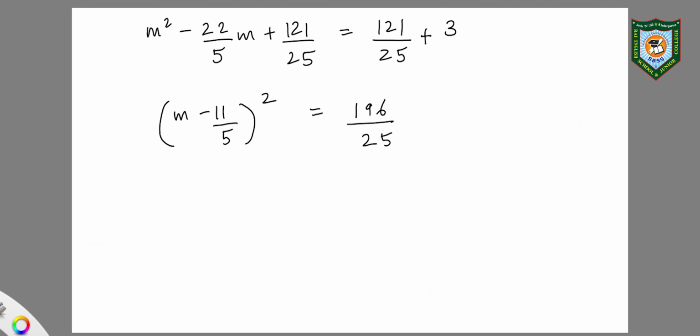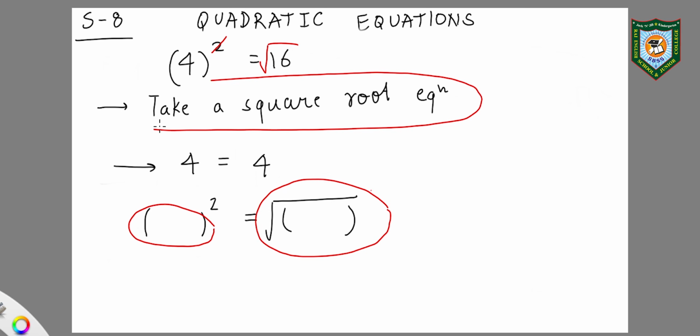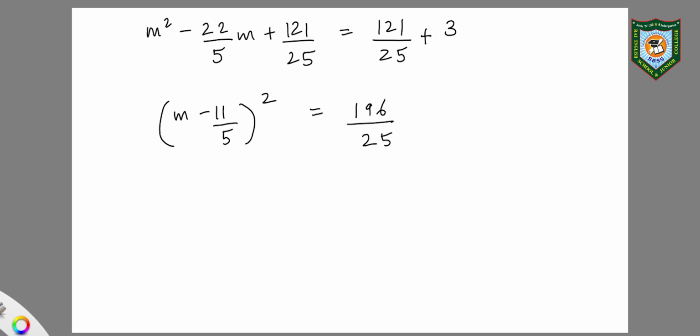Now remember, in the first slide, all we did was take a square root of our current equation and we got the answer. As we can see, the square cancels out and we have to root the right hand side. Similarly, in this case, we are going to take a square root and simply solve the equation further.